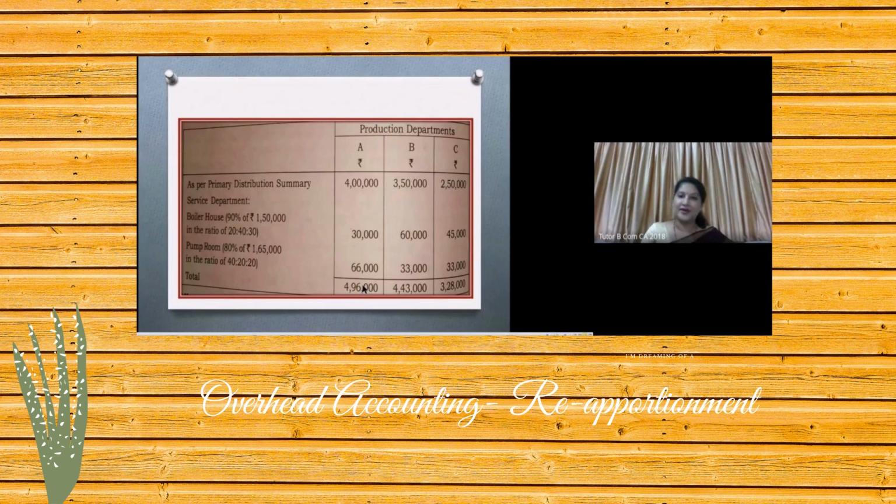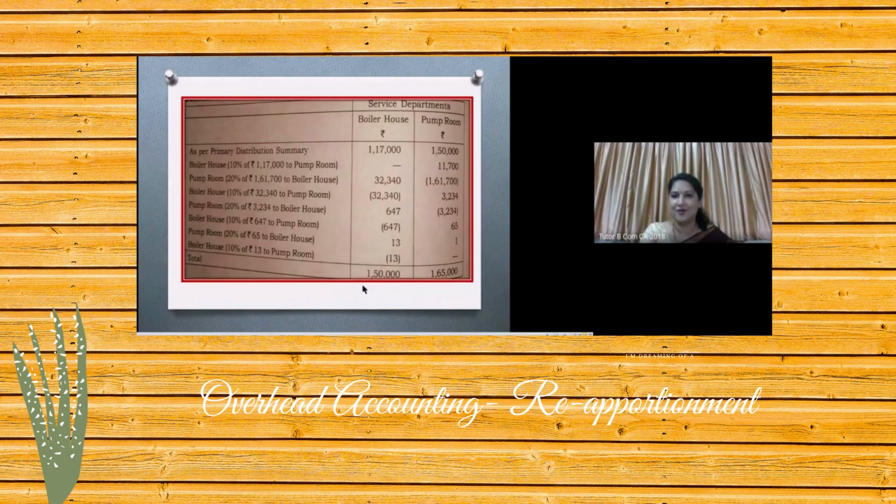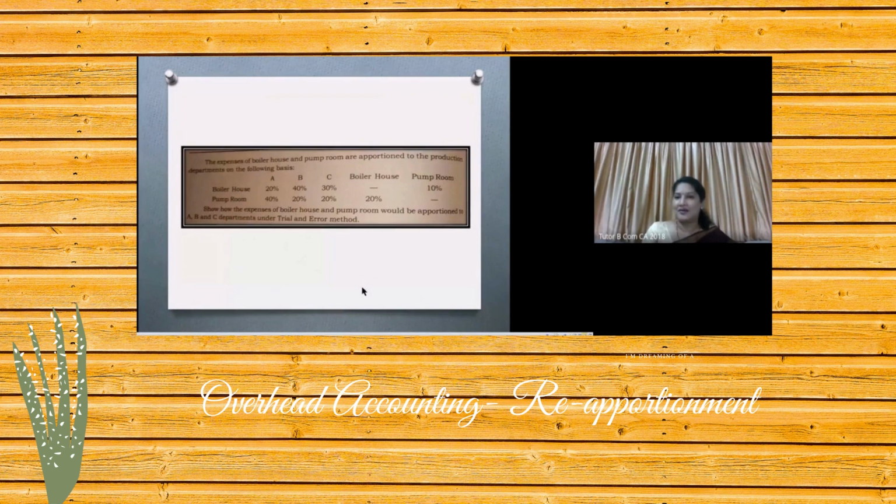Okay, and then what is not shared with the service department will be reapportioned to the production department. That's the second stage, which we did in this exercise. In our particular exercise, we initially shared this 10% to pump room.